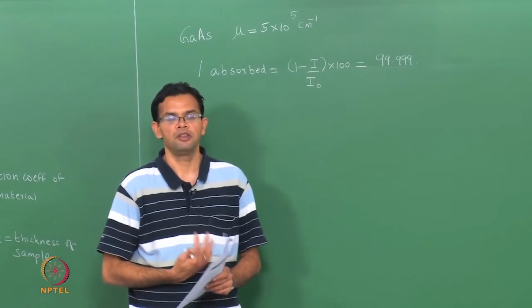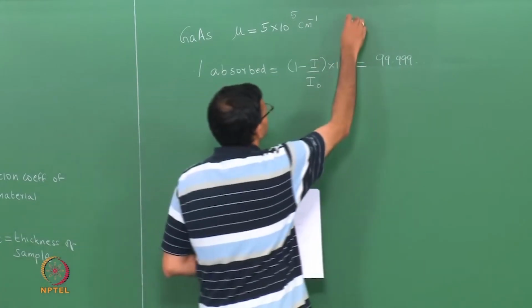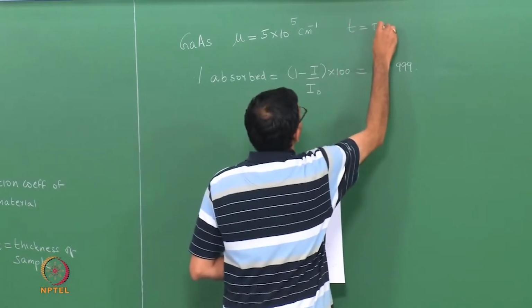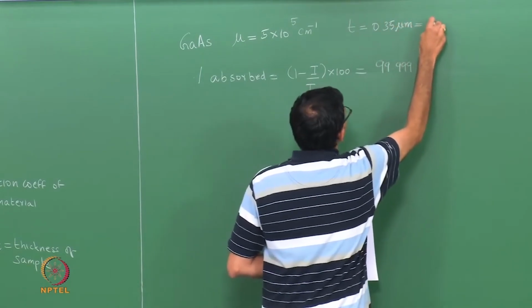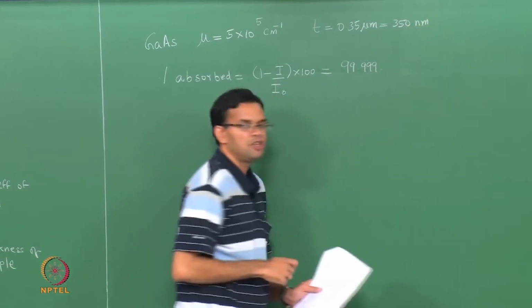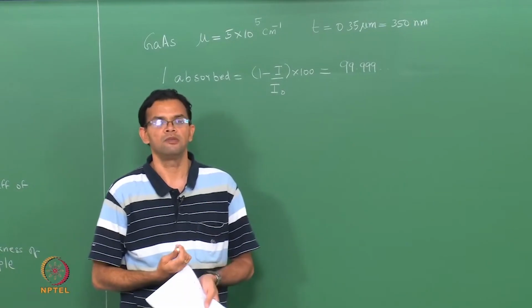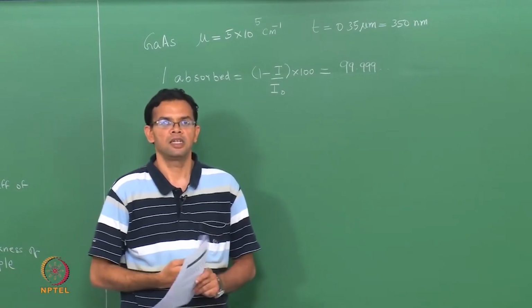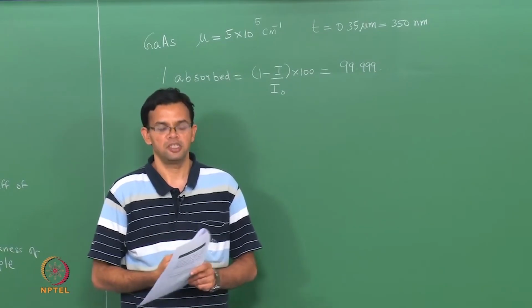So, 0.35 is just 350 nanometers. So, it is only 350 nanometers and almost all the light is absorbed. So, gallium arsenide is essentially opaque to this radiation.